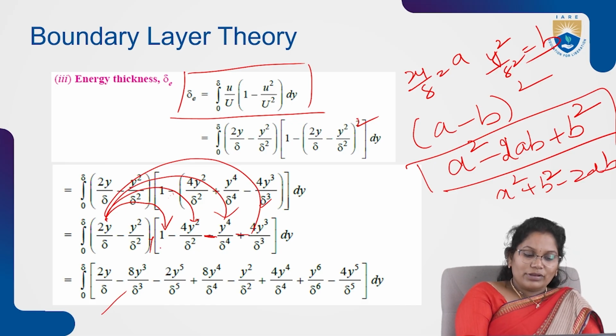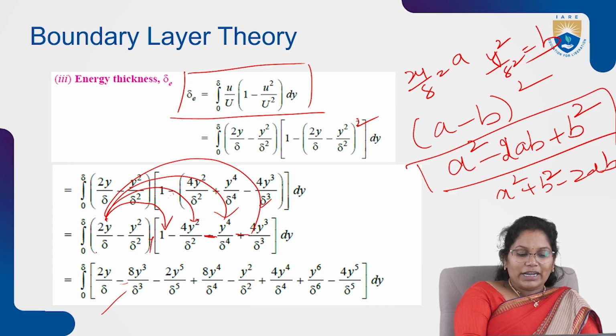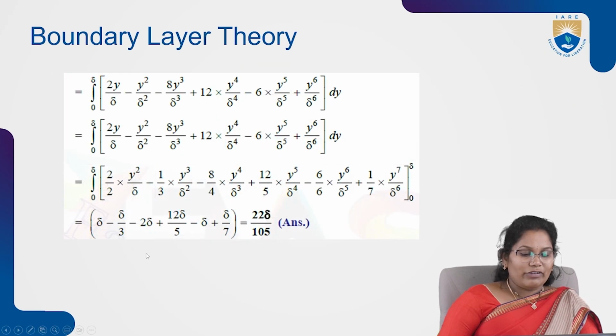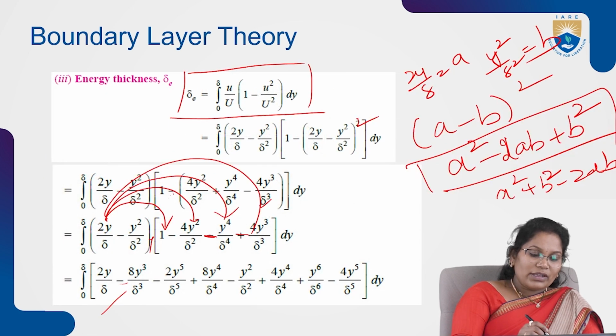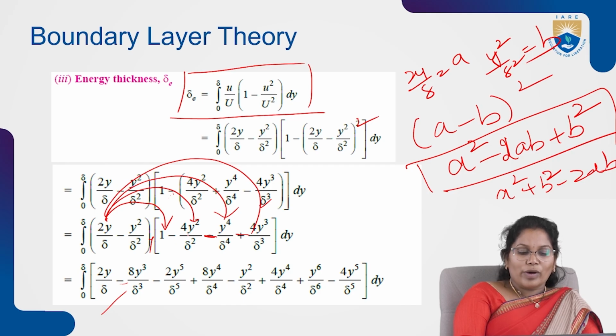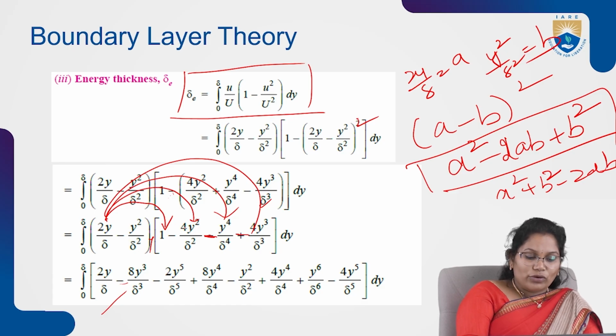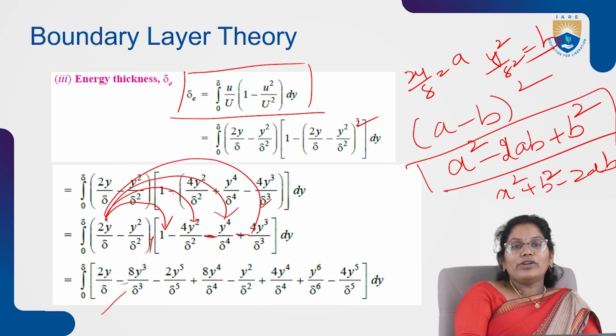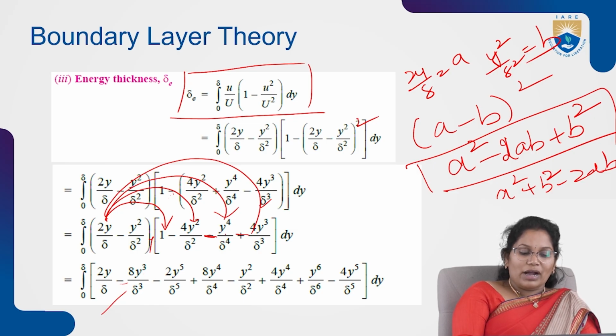Again minus, plus into minus is minus. 2 4s are 8, y into y square is y cube, delta into delta, delta square. Then 2y into y square, y cube by delta cube, minus, again plus into minus is minus.